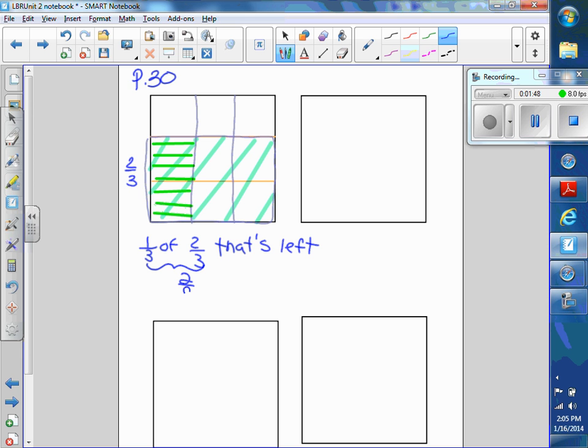Because there are these two pieces where the color's overlapping, and then there's 1, 2, 3, 4, 5, 6, 7, 8, 9 pieces all together. So if the second person says, I'll take 1/3 of the 2/3 that's left, the second person gets 2/9 of the entire brownie pan.